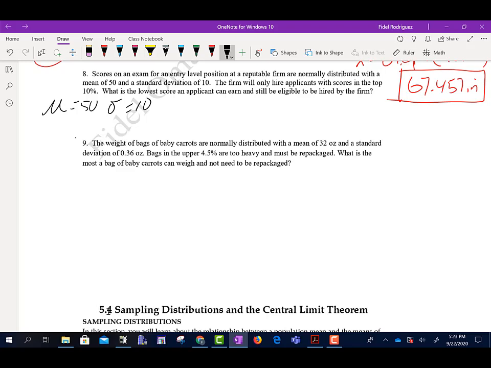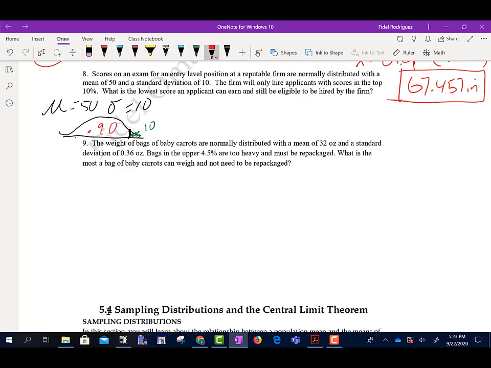Okay, so let's think about what they're telling us. Here's my curve. They're saying they're only going to take people who score in the top 10%. So that means the area underneath that curve is 0.10. So then wouldn't that tell me that the area to the left of it would be 0.90?